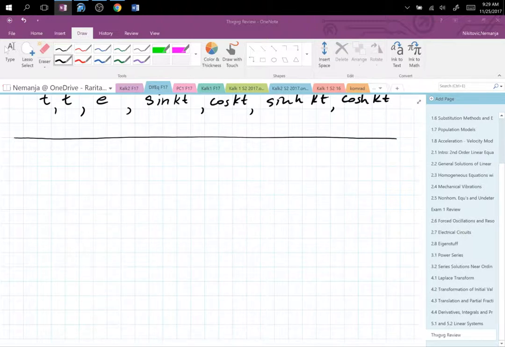Okay, so we have variation of parameters and undetermined coefficients that are left, and then also we have convolution, which is what you guys love. So we've seen the convolution example, one or two examples that are done.